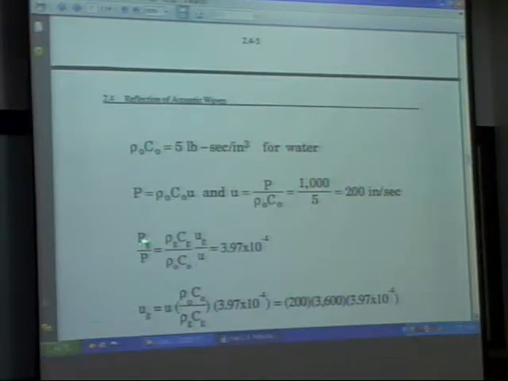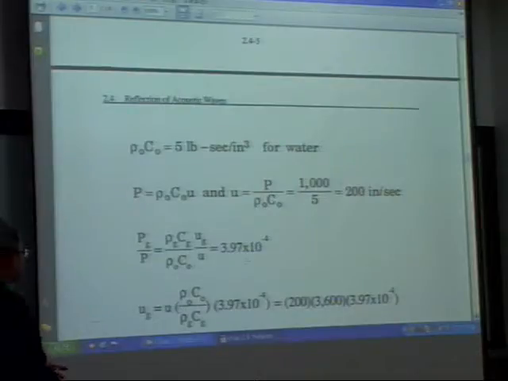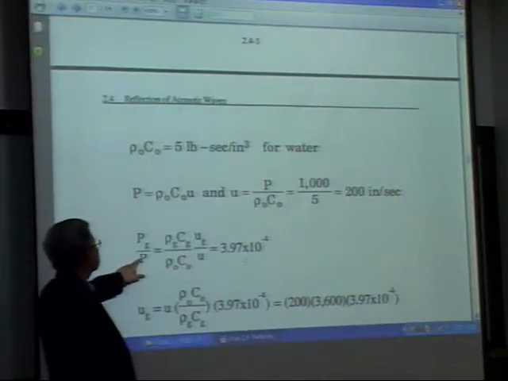over U. So where do I get this 0.7? That's PG over P. Is it true? P is 1000.